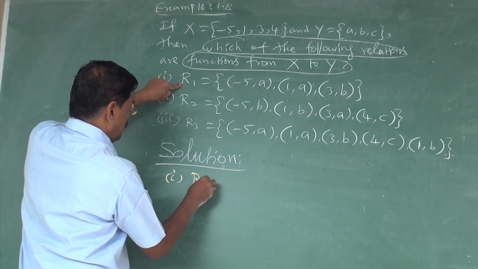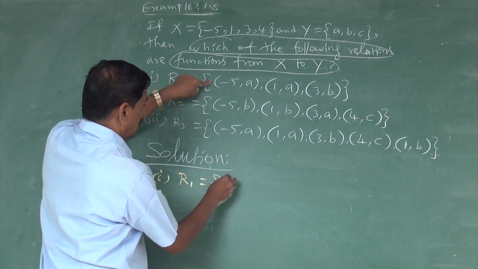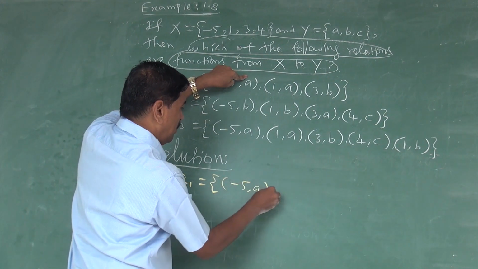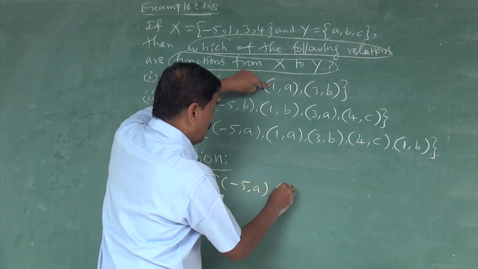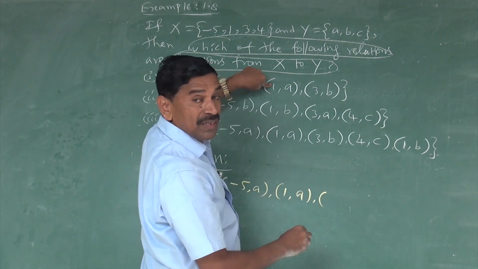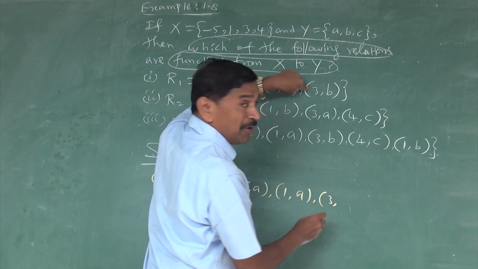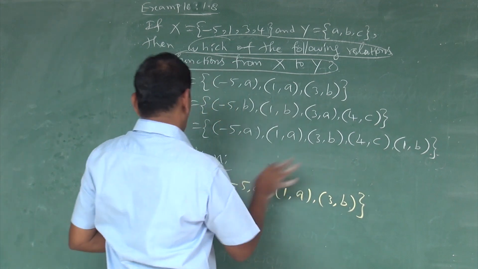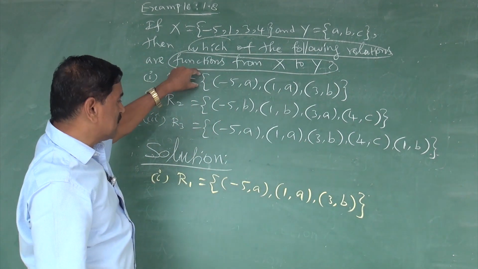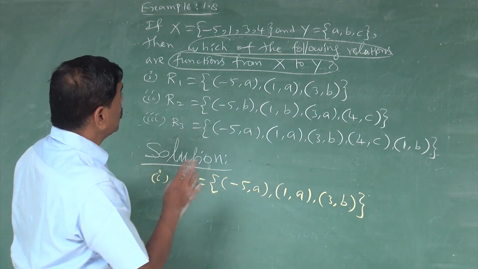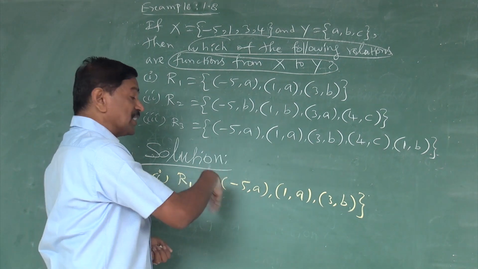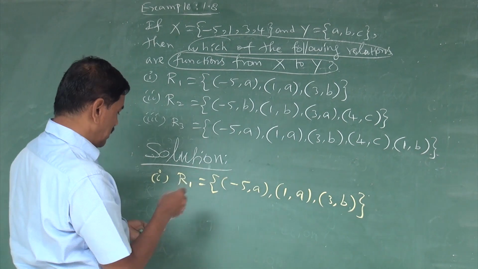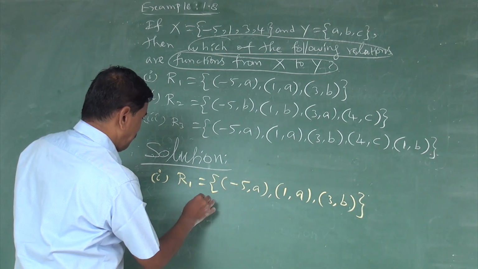Subdivision 1 is R1 is equal to minus 5 comma a, next 1 comma a, next 3 comma b, complete the flower bracket. R1 is the first relation given. To verify whether R1 is a function or not, let us draw the arrow diagram first.